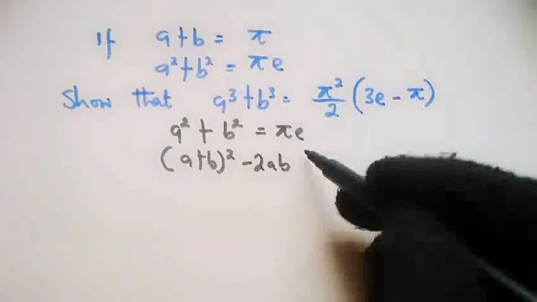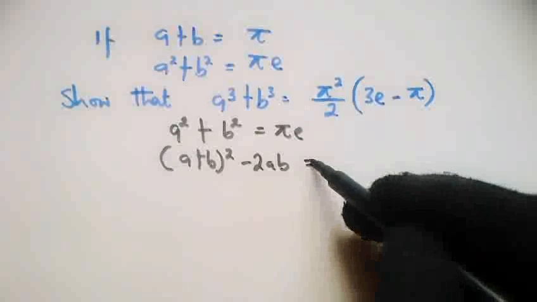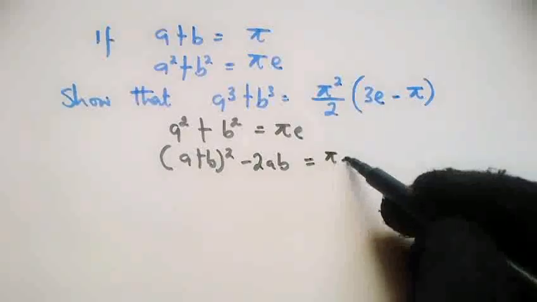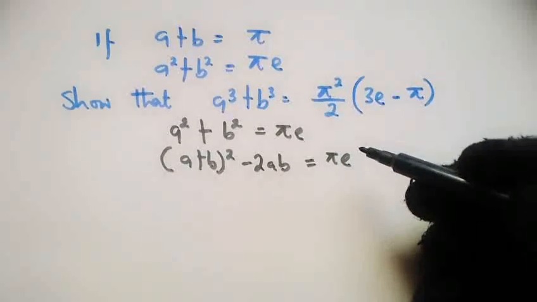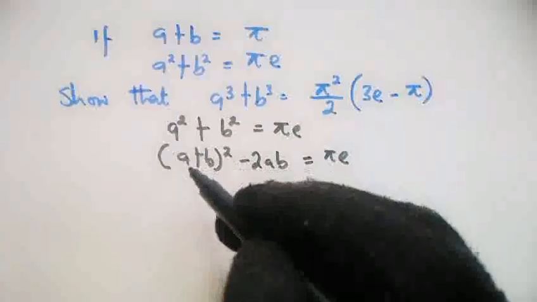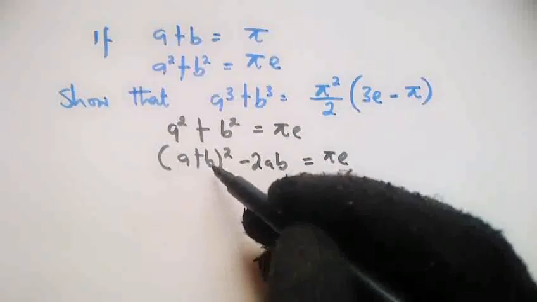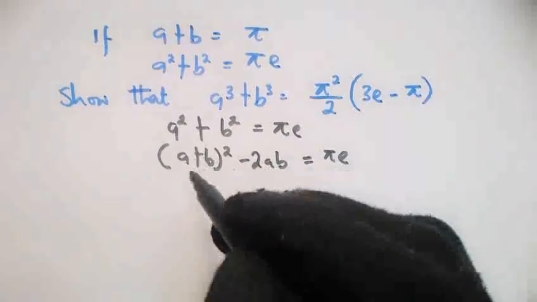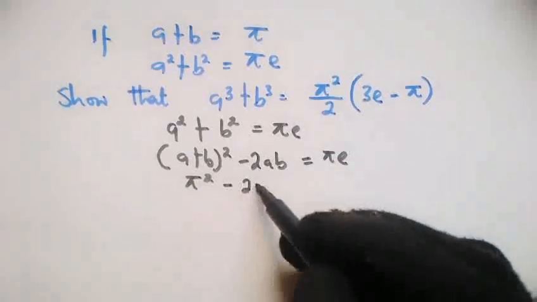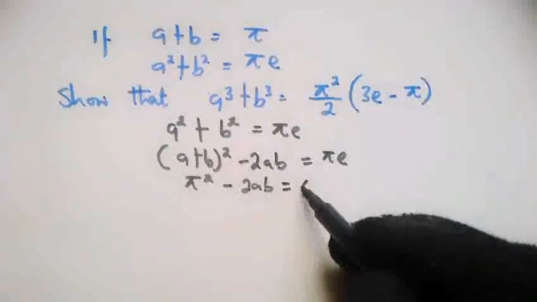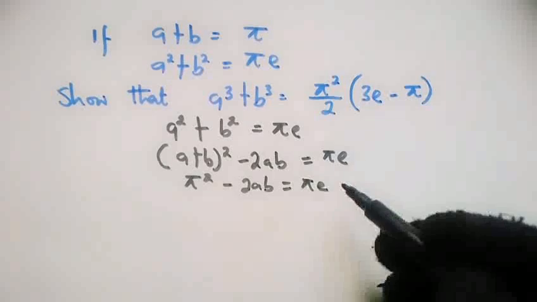This formula is very famous. So this is equal to pi times a. Now we substitute the value of a plus b here, which is pi. So we have pi squared minus 2ab is equal to pi times a.